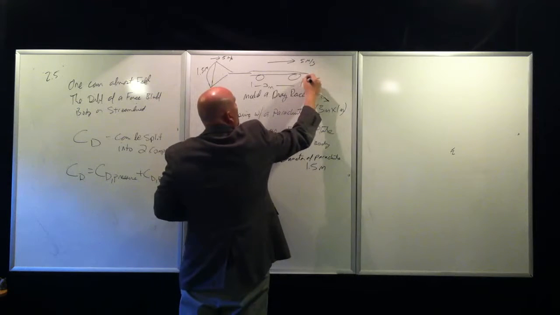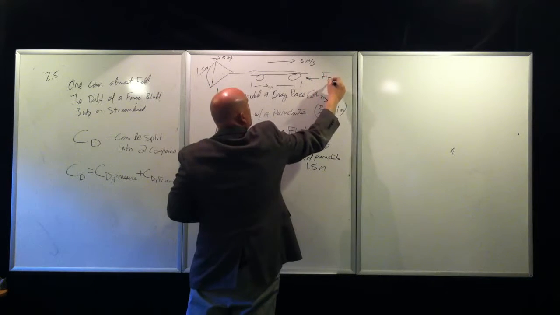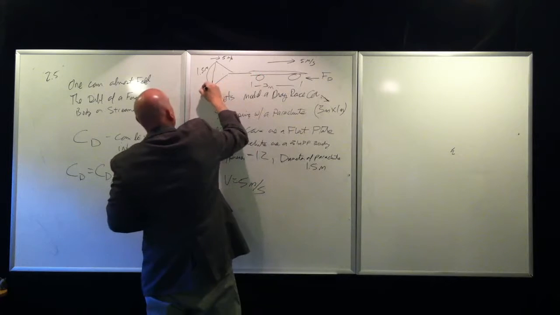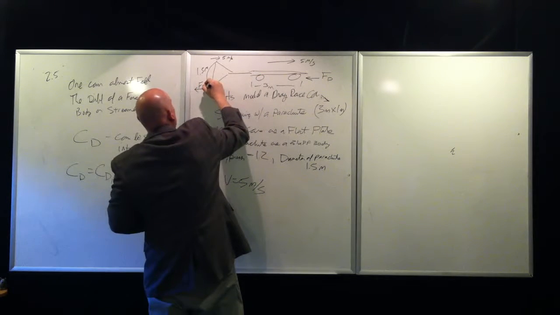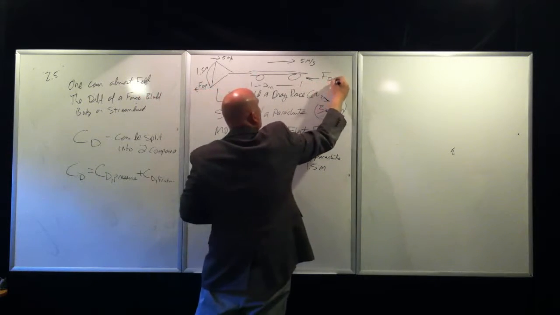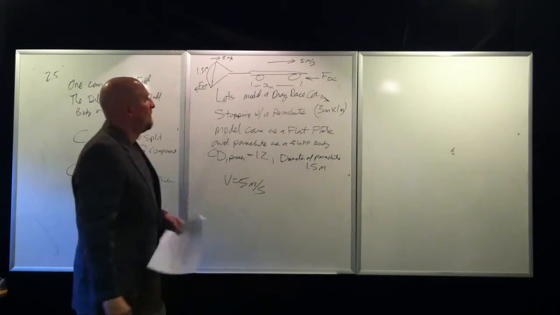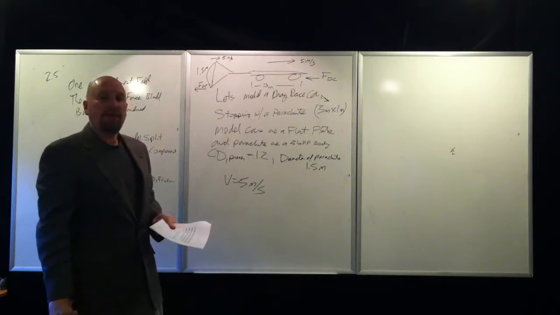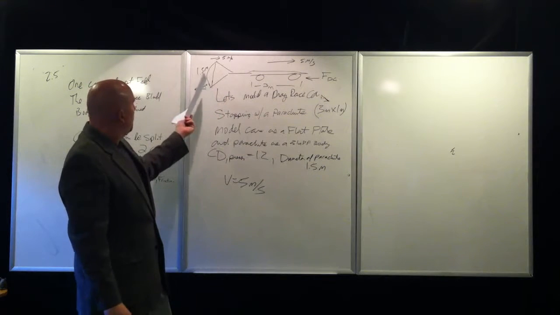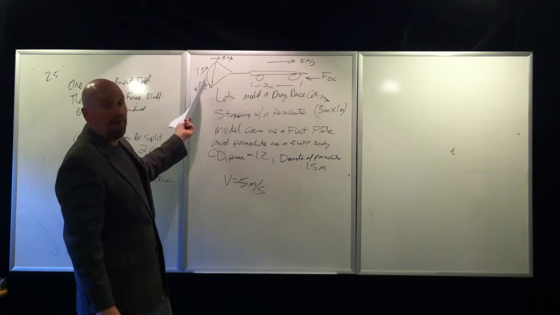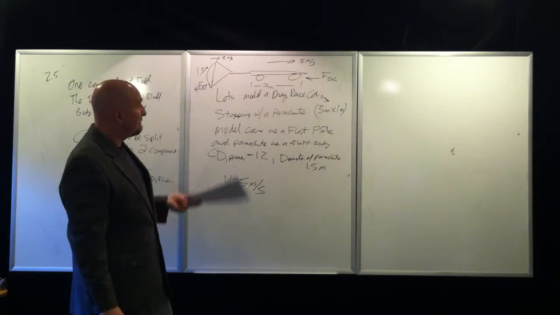Therefore you have a force of drag moving in this direction, and also a force of drag due to the bluff body. So the force of drag of the parachute, the force of drag of the car. The force of drag of the car we're going to model as a flat plate, friction. The force on the parachute is going to be a bluff body force of drag in that particular case.